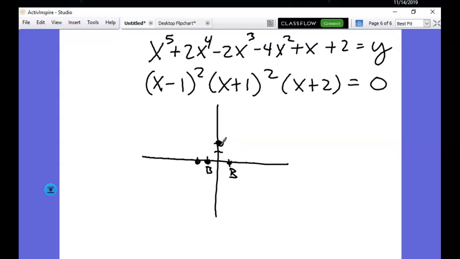My end behavior is up on the right, down on the left. Which means we're going to look like this. Through, bounce, bounce, connect. I missed my arrow, but you guys got the idea. All right. I got that.